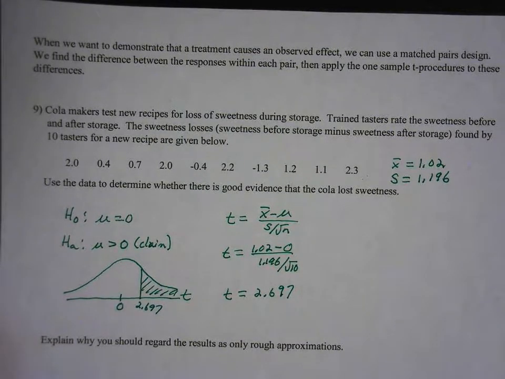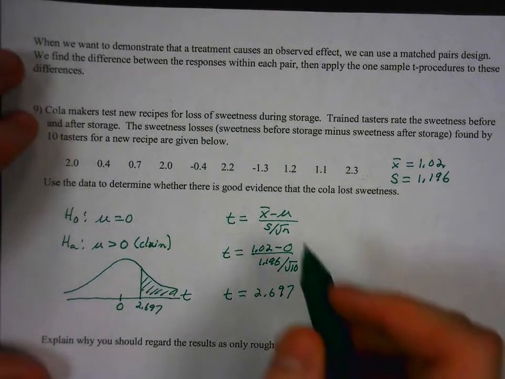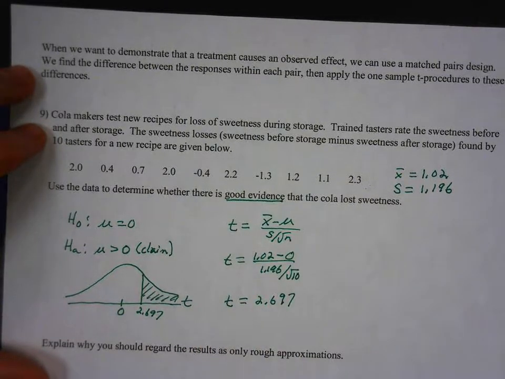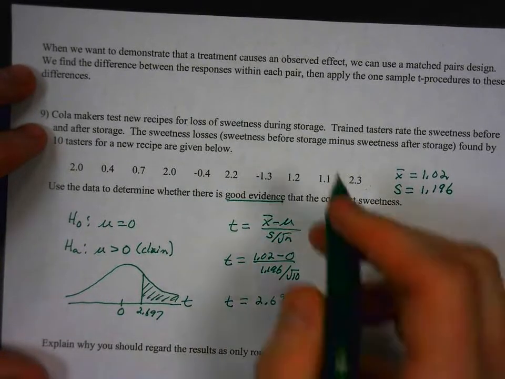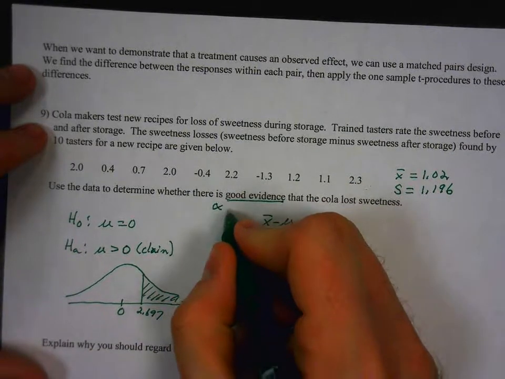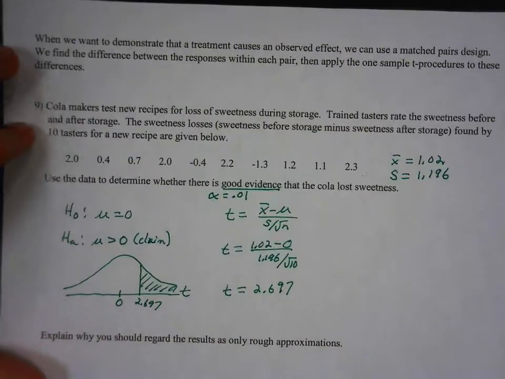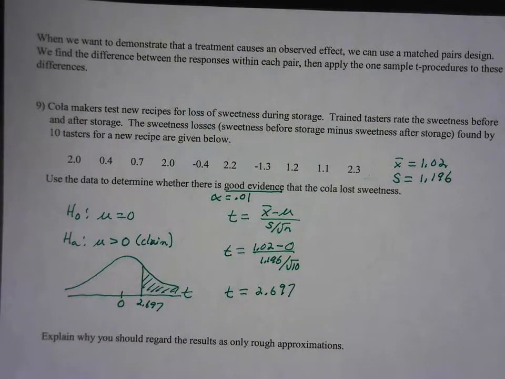Our alpha value, it didn't specifically say what alpha was, but when we say good evidence, which is in the eye of the beholder, I would suggest that good evidence means you want to be pretty sure, so we'll use alpha as 0.01 to suggest good evidence. If you use 0.02, that would be okay. That's not something to focus on too much here.